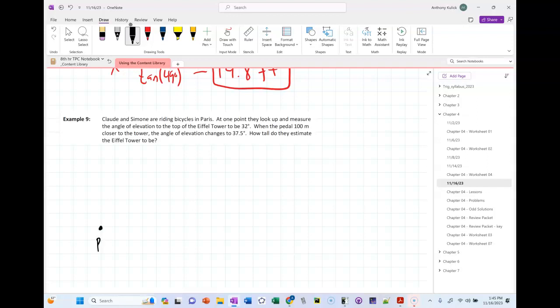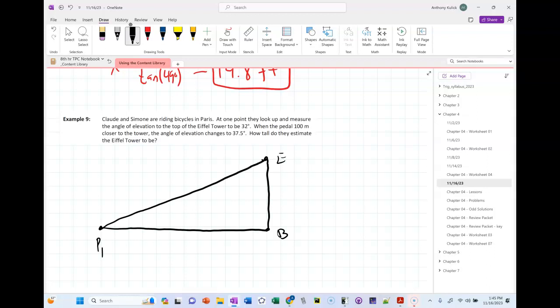Okay. Well, let's start drawing our picture. So at point 1, we got our angle of elevation to be 32 degrees. We rode our little bicycle 100 meters closer to the base of the tower and measured our angle of elevation again, and now it's 37.5 degrees.